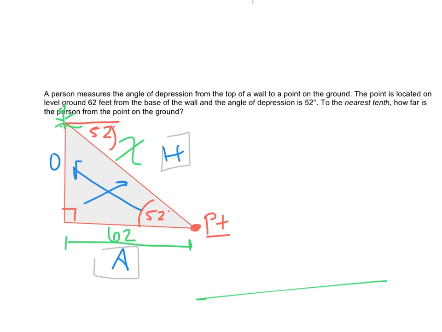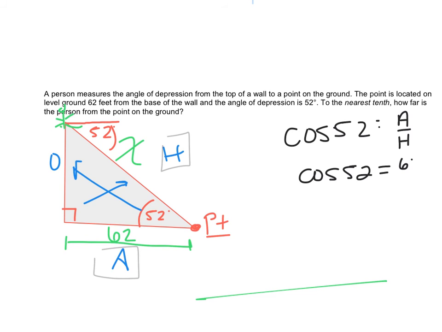So adjacent and hypotenuse deals with cosine. So cosine of 52 is equal to my adjacent over my hypotenuse. I now go one step further and say cosine of 52 equals 62 over x.